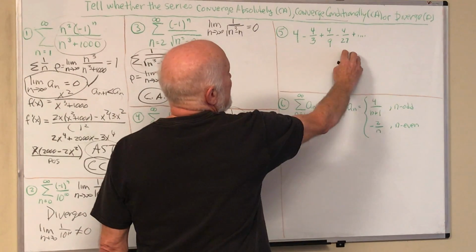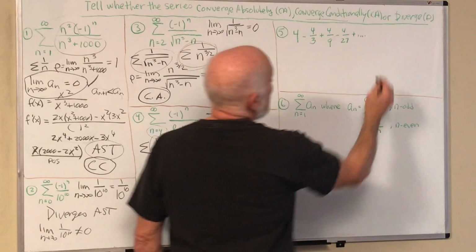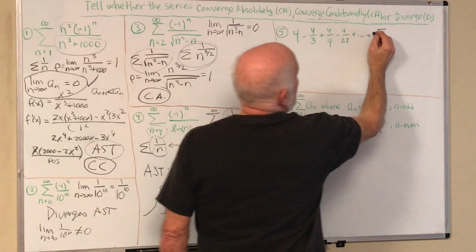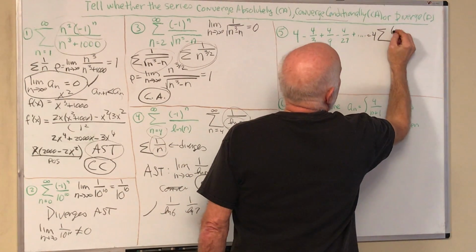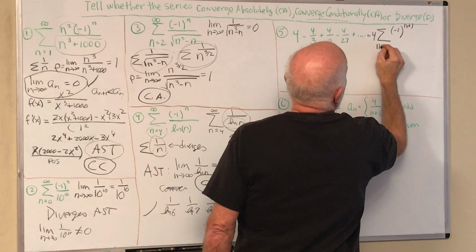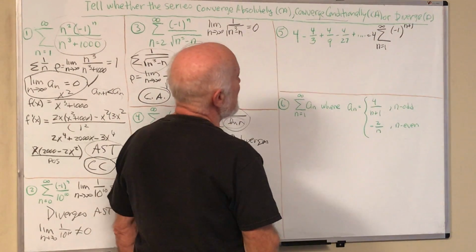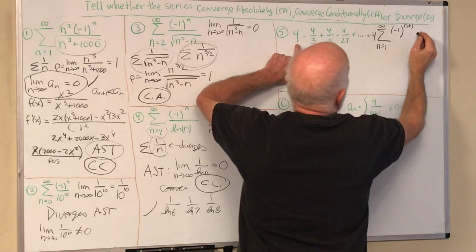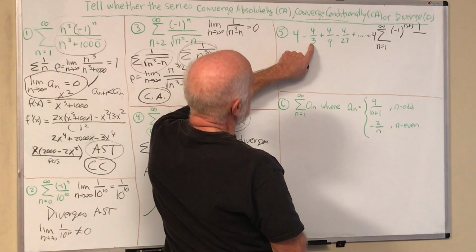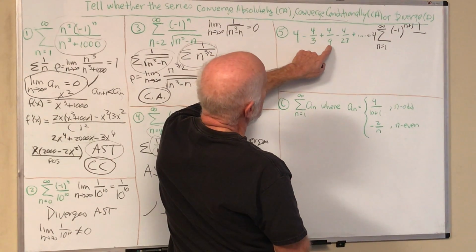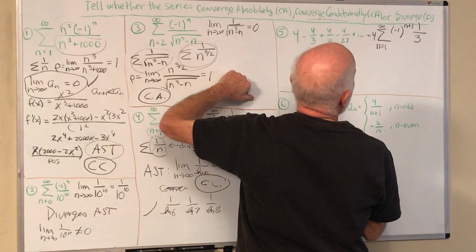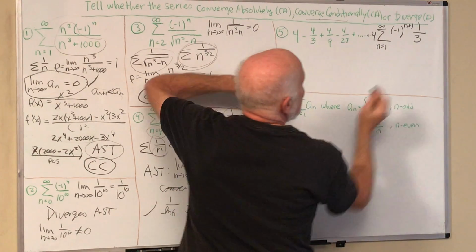So here's an alternating series, but I don't have a summation. If you wanted to put a summation, you could factor out a 4. You could put that it alternates. And then you could put the term in. Well, you could put 1 over, and it looks like it goes 1/3, 1/9, 1/27, 1/3 to the n.